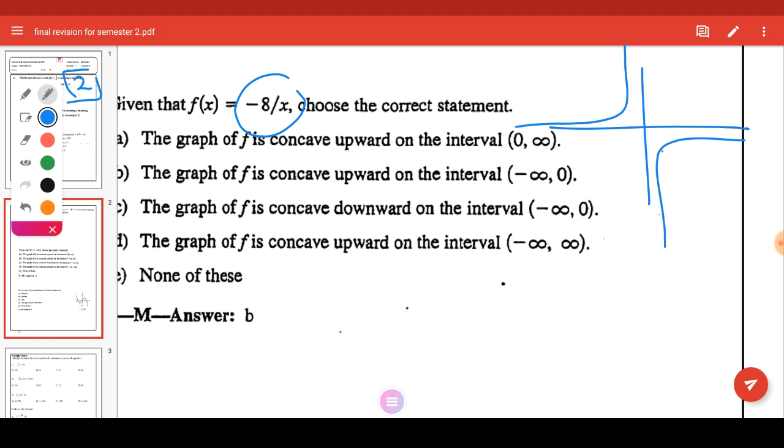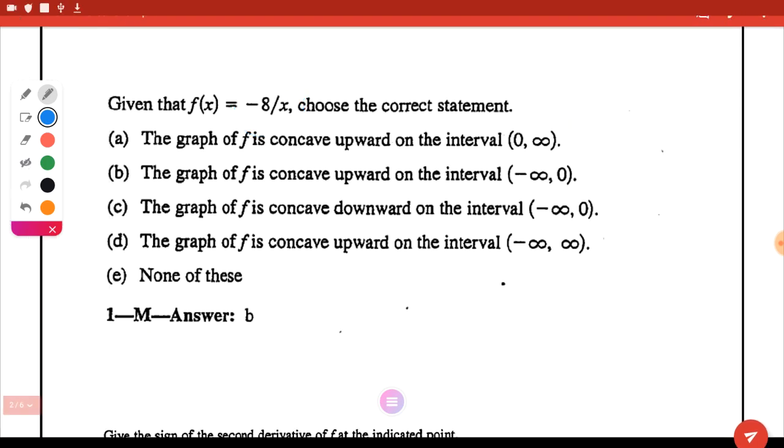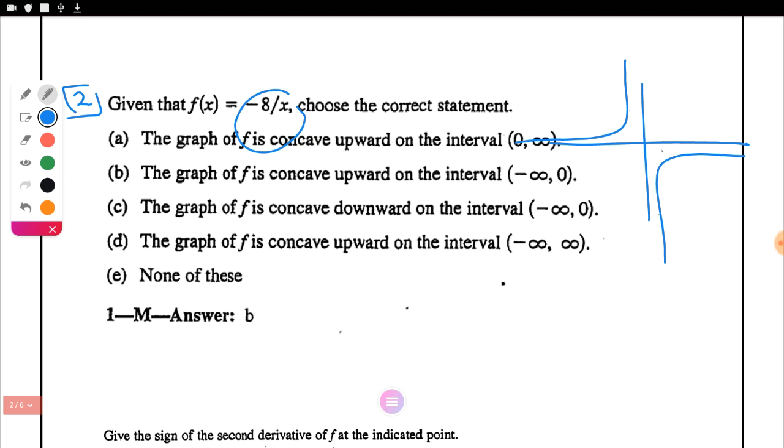In this case, all of the given choices talk about concavity. From the sketch of the function, I can identify the concavity. Here is negative infinity, here is 0, that is the x-axis, that is the y-axis.